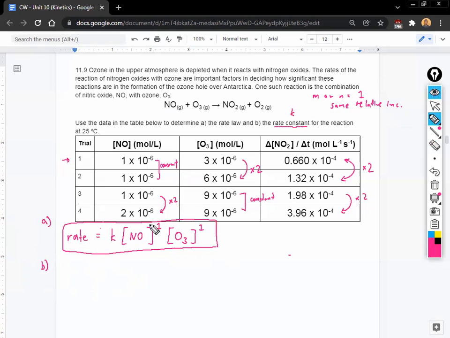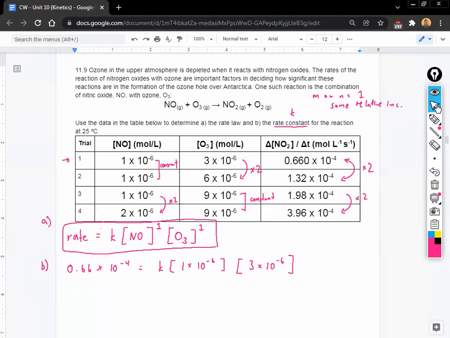What was the rate for trial 1? 0.6, yeah, exactly, times 10 to the negative 4 is equal to K. The concentration of NO for trial 1 was 1 times 10 to the negative 6, to the power of 1. And the concentration of O3 is 3 times 10 to the negative 6, to the power of 1. Now, if I put anything to the power of 1, it doesn't change the number. It's the same exact value, so I can ignore the power of 1s.